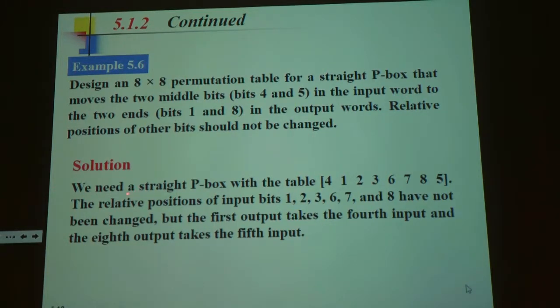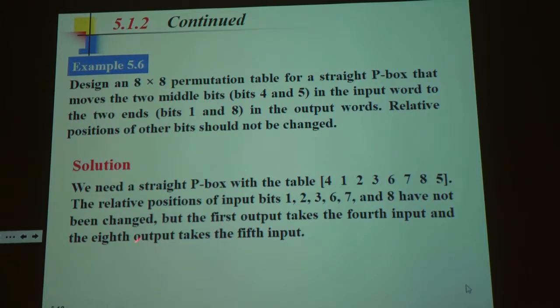For example, we need a straight P box with a table. The 4 is moved to number 1, and 5 is moved to number 8, and then you have 1, 2, 3, 6, 7. So that's the output, and the input will be 1, 2, 3, 4, 5, 6, 7, 8.